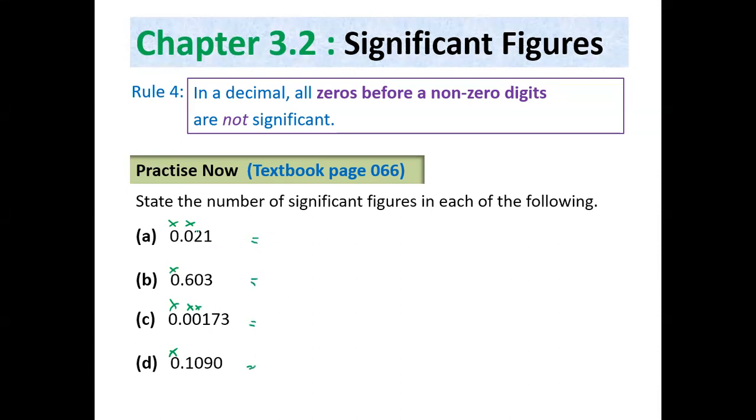So 2 significant figures here, only 2 numbers. Then 3 significant figures, because the zero in the middle is also significant: 1, 2, 3. Then 1, 2, 3, 4: 4 significant figures. In a decimal, pay attention to the decimal. So 2, 3, 3, 4. It's the same, right? There you go.